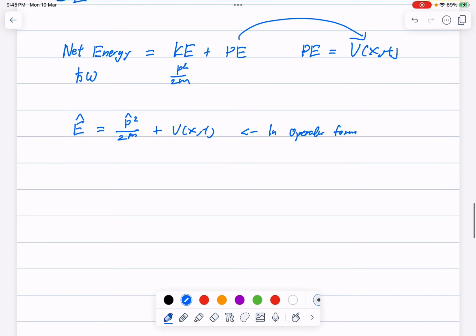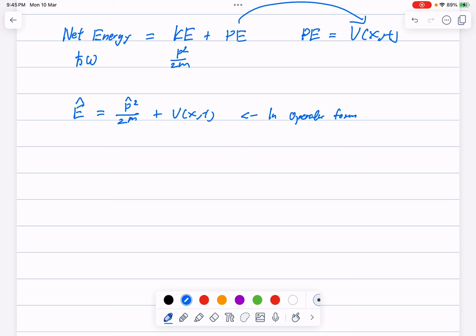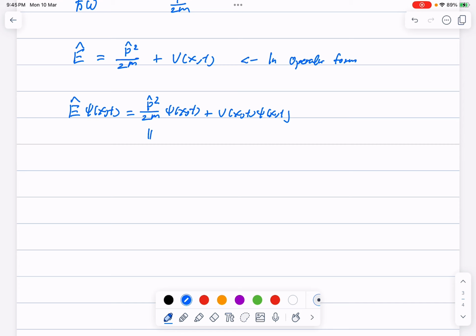If we apply psi of x and t to both sides, that means E hat psi(x,t) equals p hat squared over 2m psi(x,t) plus V(x,t) psi(x,t).